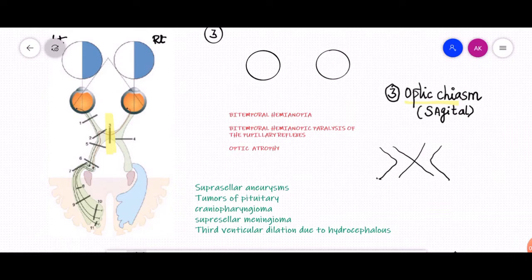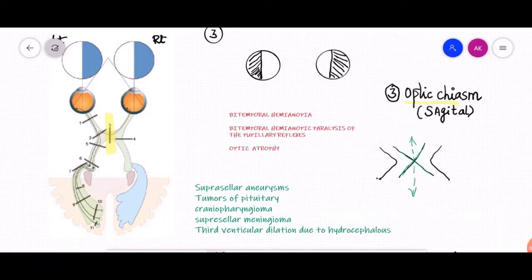So whenever a lesion affects the central part of the optic chiasm, it will affect the crossing nasal fibers. That will affect the temporal parts of our field. That means the temporal part of the left eye and the temporal part of the right eye will be affected.